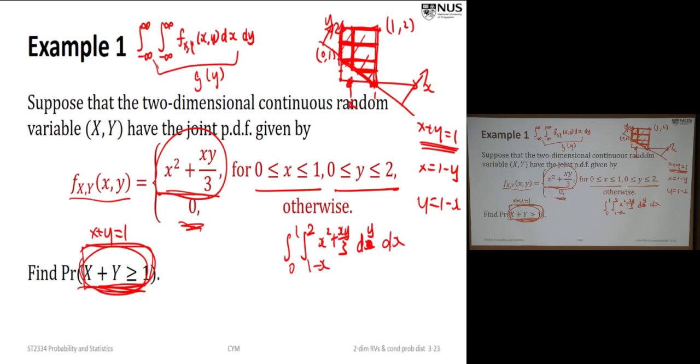After you complete the integration of y, that means now you collapse, or squeeze, all the density over this whole y onto a point on the x-axis. All right? So then we integrate from 0 to 1, because now x from 0 to 1 has non-zero density.